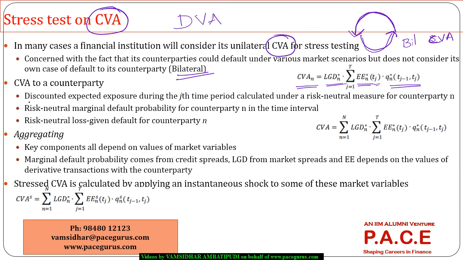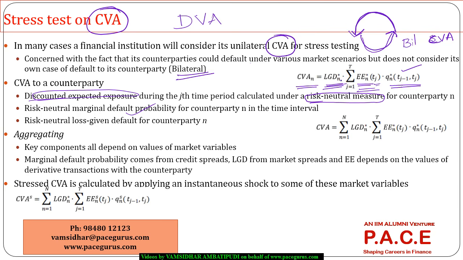So I am getting the discounted expected exposure during this particular period, computed under a risk neutral measure. I am taking the risk neutral marginal default probability for the counterparty during this time period and the loss given default for this counterparty.